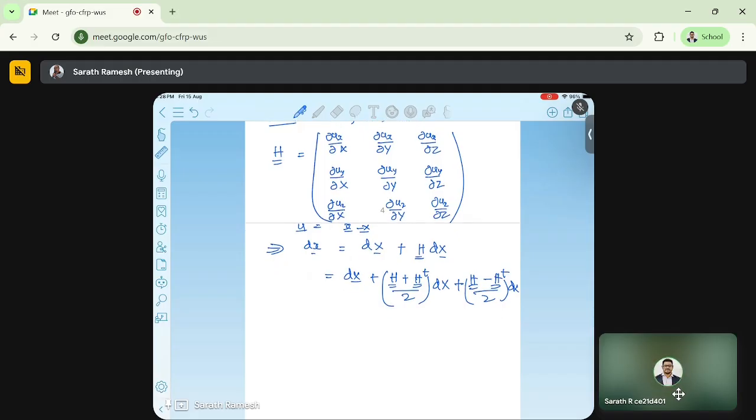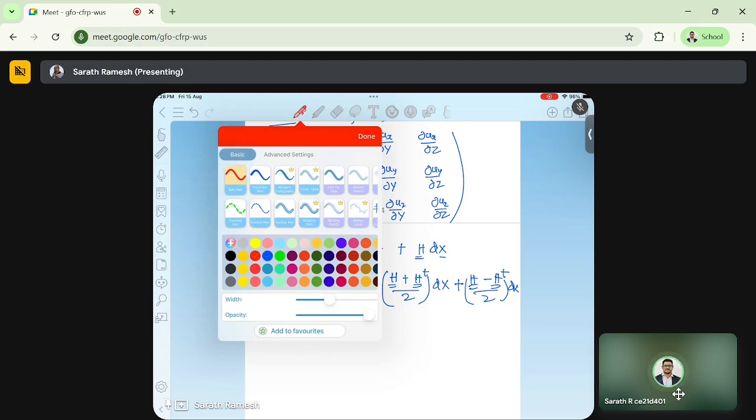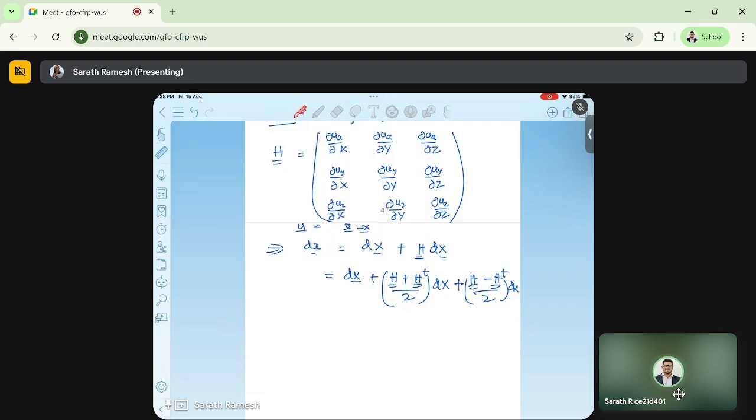Why are we writing this? Because this part we call the linearized strain tensor. This tensor has information about the elongation, the stretching about the x, y, z axes, as well as the change in angle about the x and y axes.